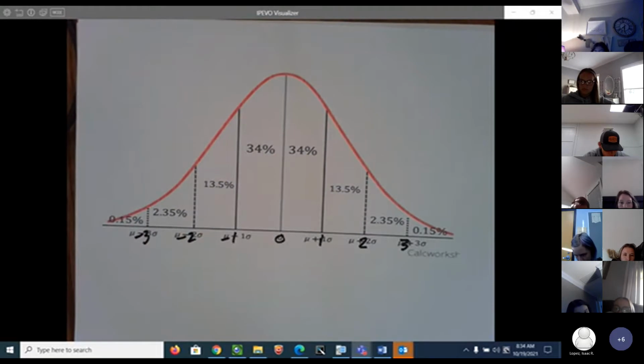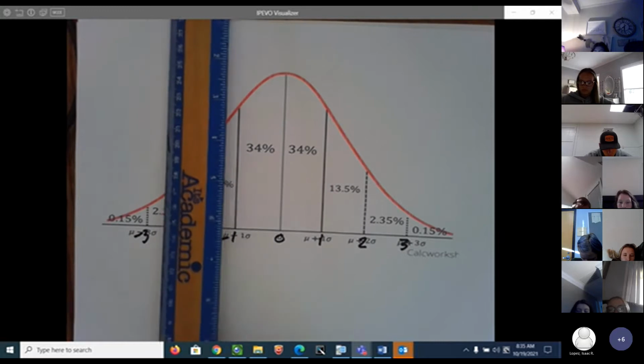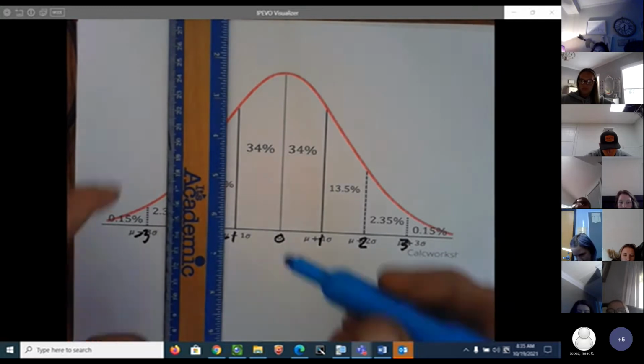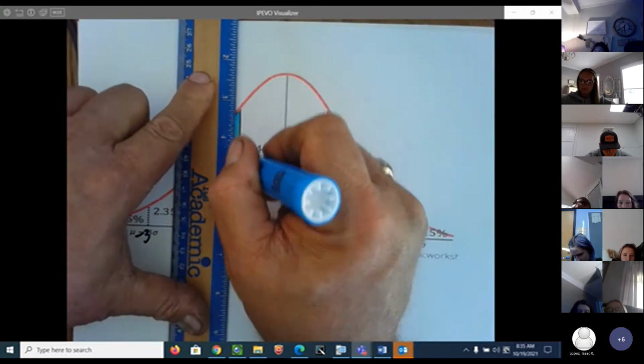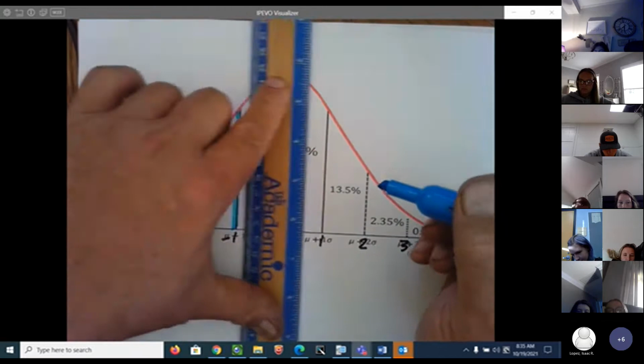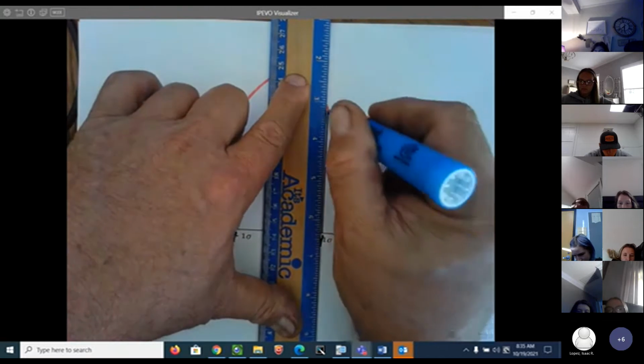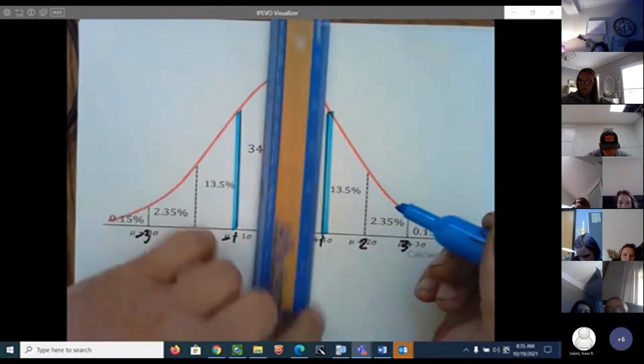And they want to know, get my handy dandy ruler out. Let me get my highlighter. Let's go with blue. And -1 is right here, and +1 is right there.